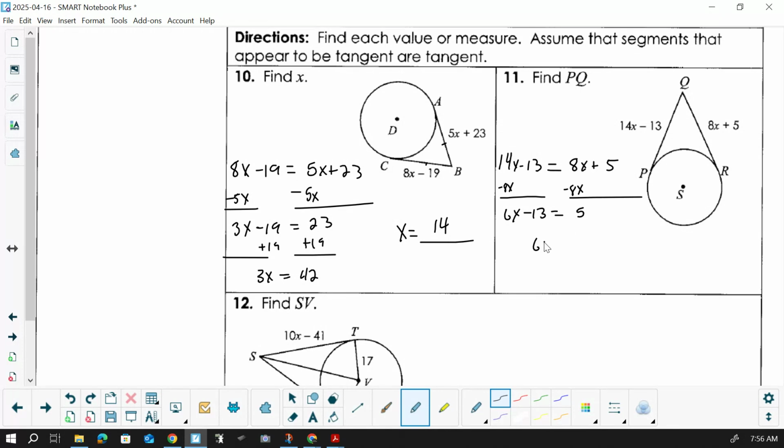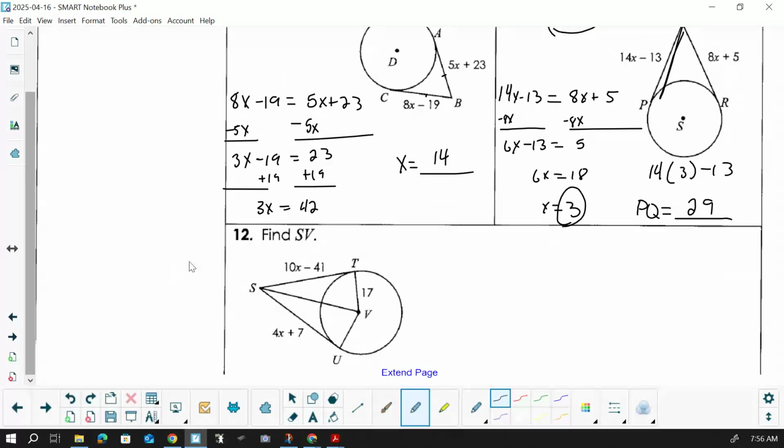Add 13 to both sides. We get 6x equals 18. Divide by 6, x equals 3. Now, that's not the answer, though. PQ is this one right here. So if I plug that 3 back in, what do you get for PQ? That's right, 29.